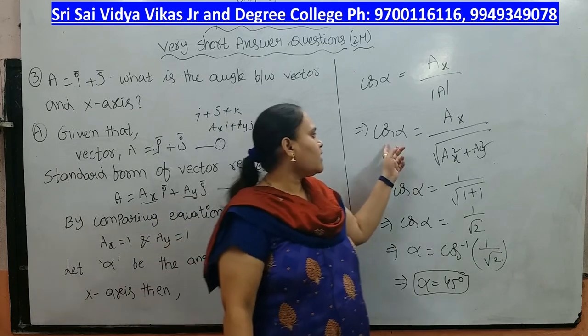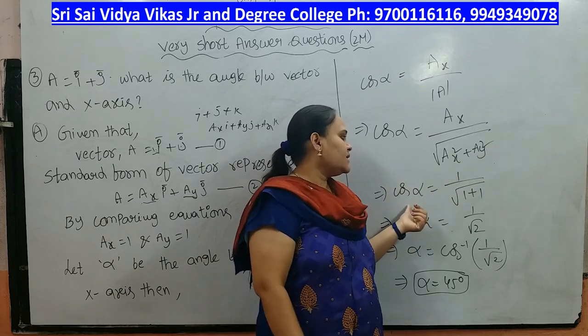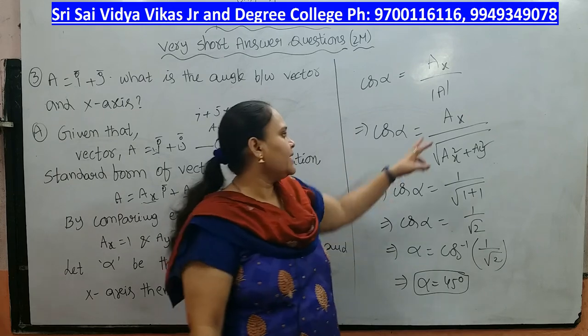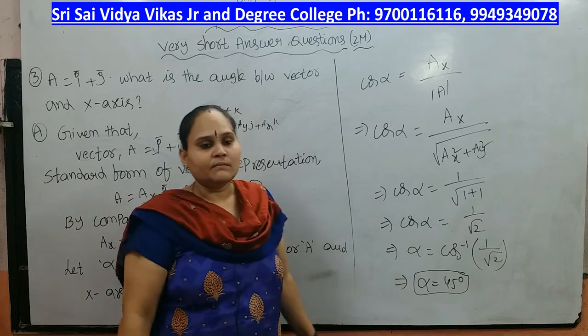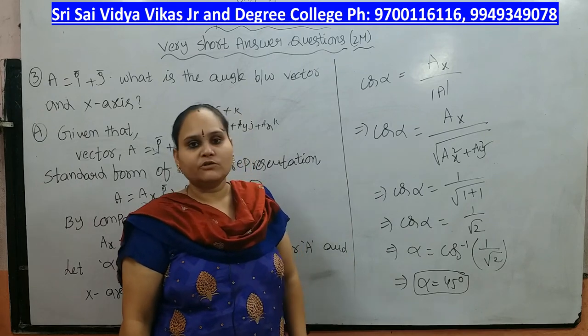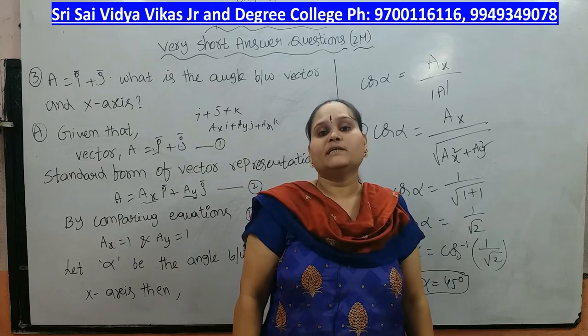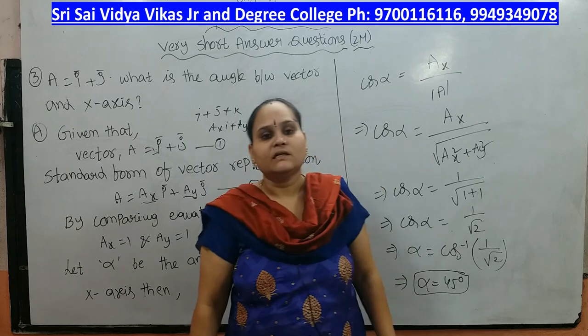So cos alpha equal to ax by square root of ax square plus ay square. Ax is 1 and ay is also 1, so cos alpha equal to 1 by square root of 1 plus 1, which is 1 by root 2. From that, alpha equal to cos inverse 1 by root 2, which is 45 degrees. That is the angle between the vector A and the x axis.